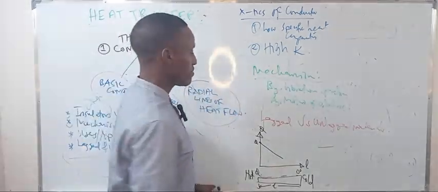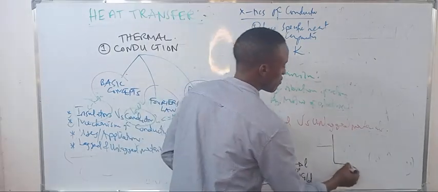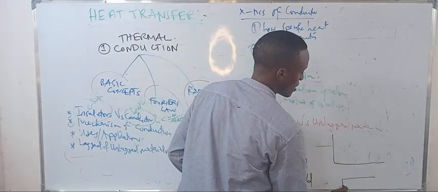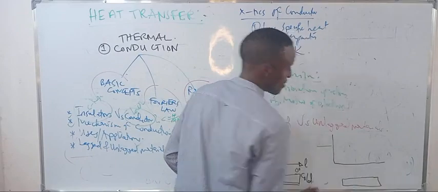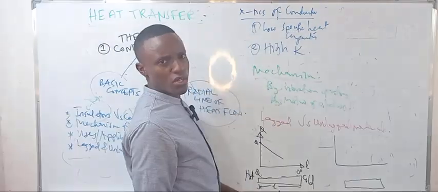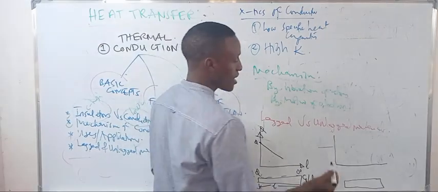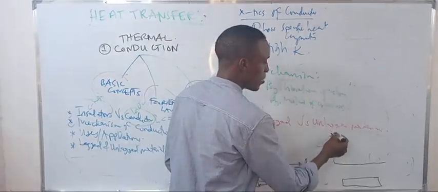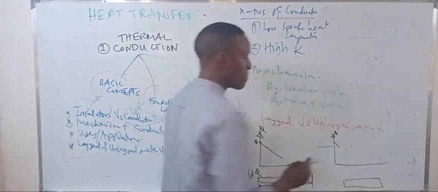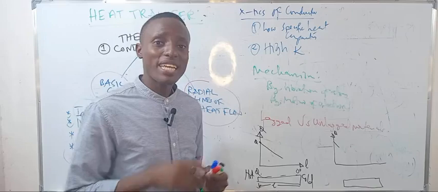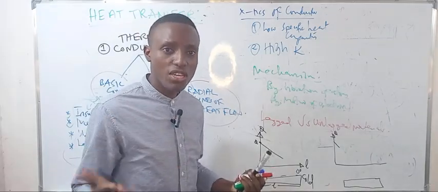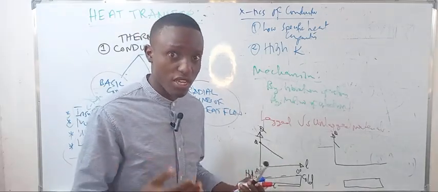But talking about the unlagged material, which is uncovered, it tends to lose heat toward the environment. So there is a loss, but the loss is not linear, because we haven't determined the factors that affect the loss of heat to the environment.